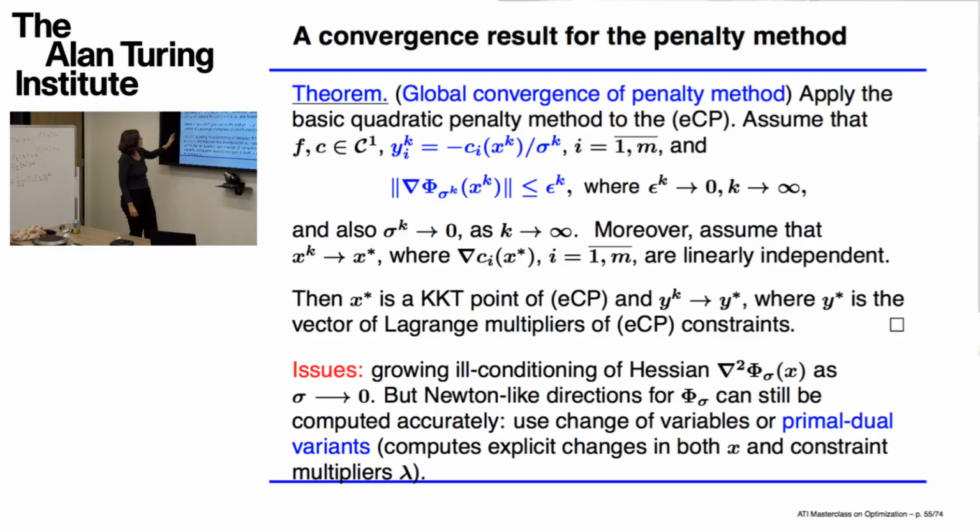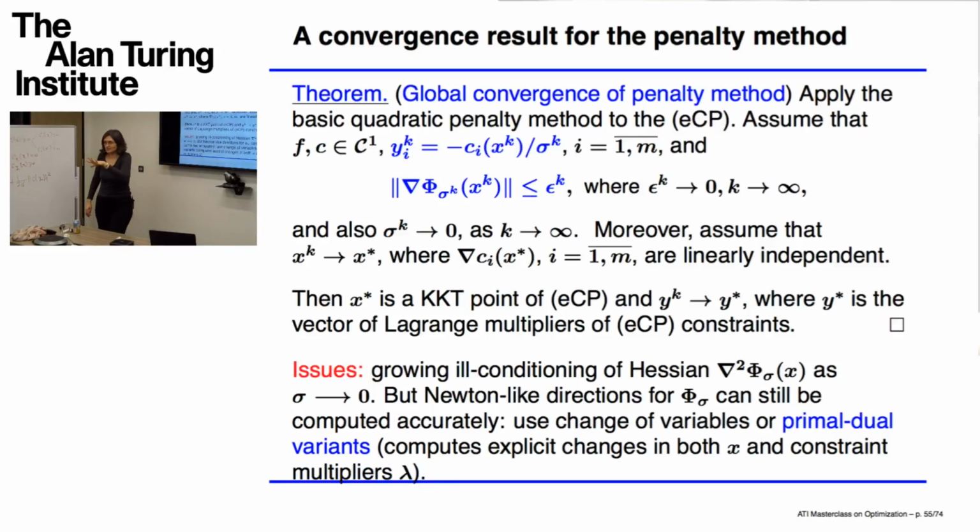Then what we can show is that if the iterates converge, and if I have some constraint qualification assumption, some regularity on my problem, then this limit point of the iterates is also a KKT point of the problem.